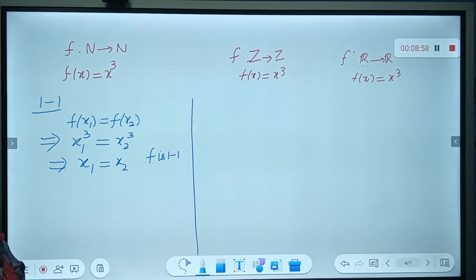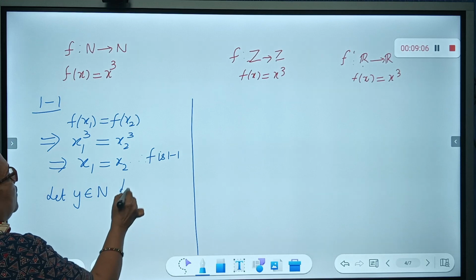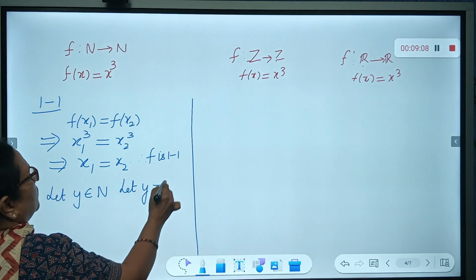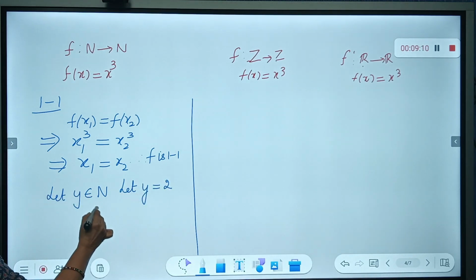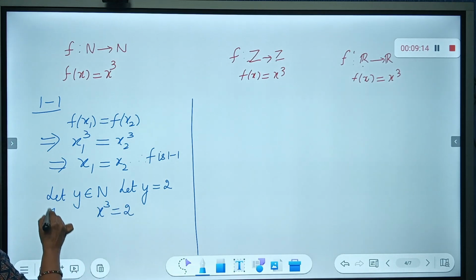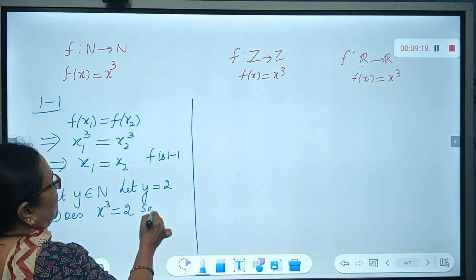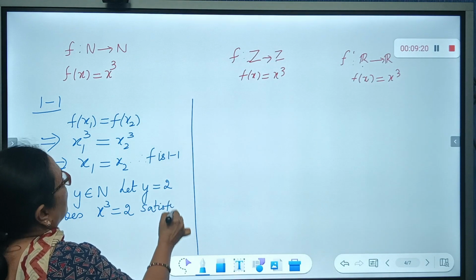What about onto? We are dealing with natural numbers. So, for example, let y belong to n. Let y be 2. Is there an x such that x cube equal to 2, or does the equation x cube equal to 2 have a solution in n?